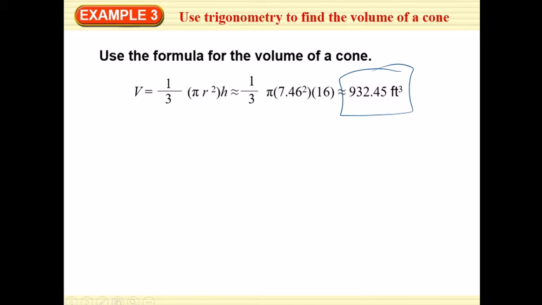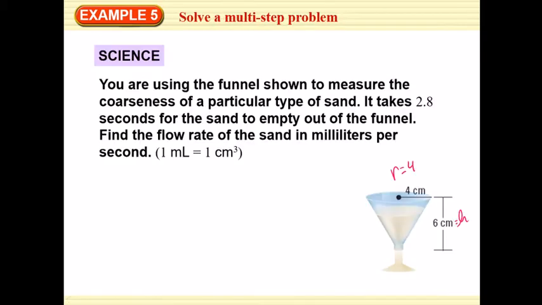Alright, so going forward to example 5, you are using the funnel shown to measure the coarseness of a particular sand. It takes 2.8 seconds to empty out the funnel.